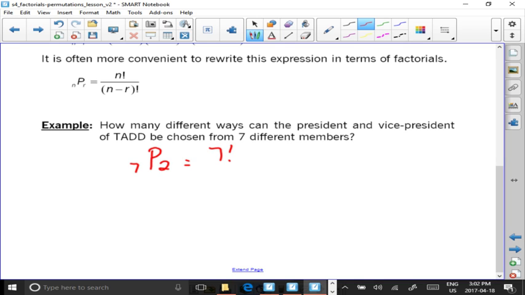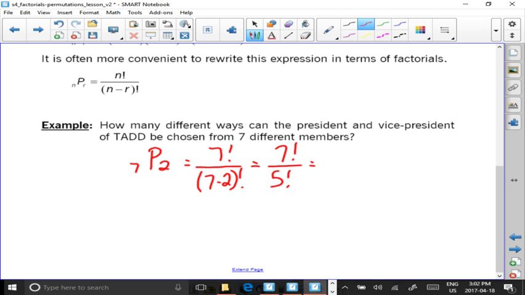That's 7 factorial over 7 minus 2 factorial, and that would be 7 factorial over 5 factorial. And if we wanted to go about this the long way, we could simplify it like we did above.